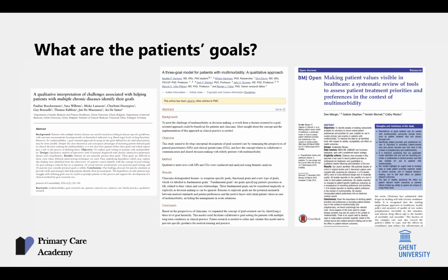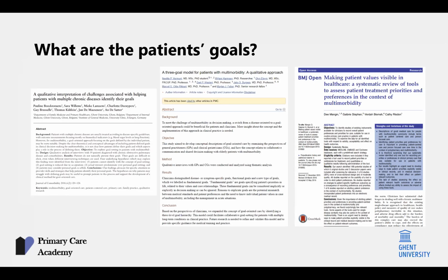And despite an overall consensus that the goals should be based on the needs and preferences of patients, it's not clear how and which goals are set. So here are some examples of research that has been conducted to provide you an overview of models of personal goals. Vermoont and colleagues presented a three-level goal model containing disease-specific goals, functional goals, and fundamental goals, which allows patients and providers to work in a more collaborative goal setting.